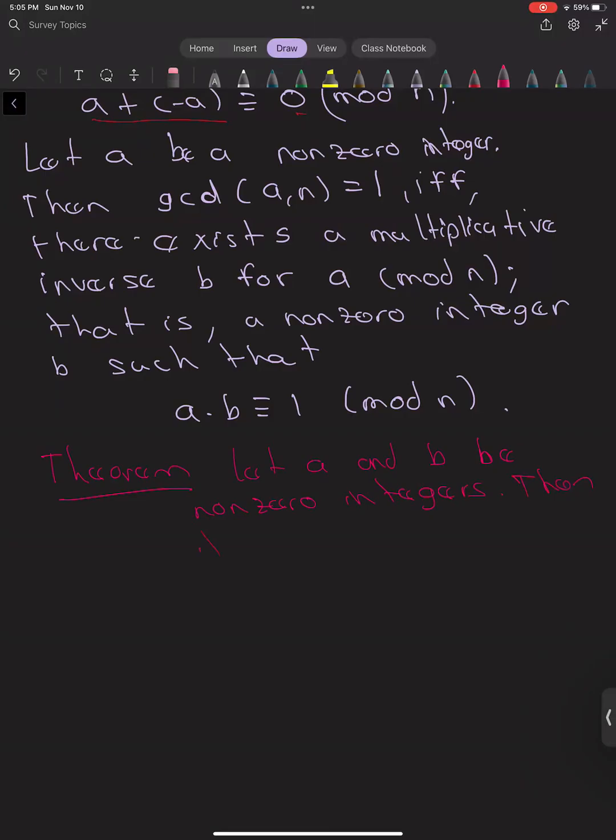Then there exist integers r and s such that the greatest common divisor of a and b equals ar plus bs.